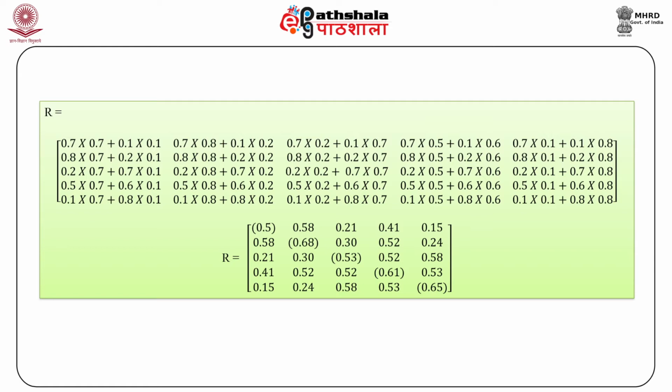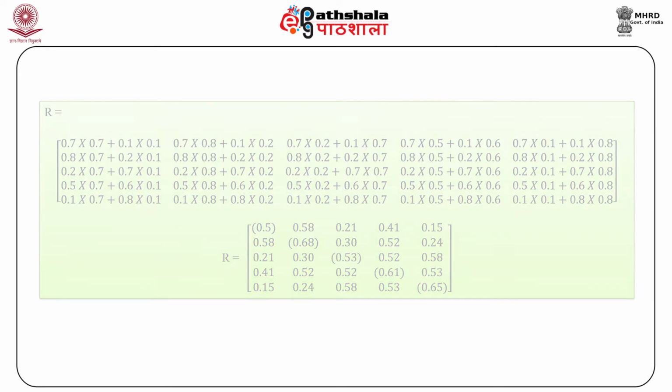The correlation coefficients in parentheses are the communalities.